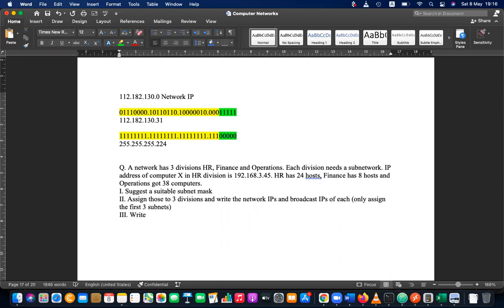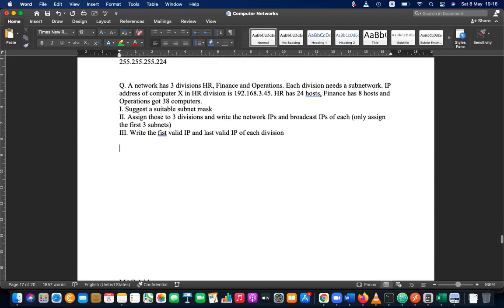Write the first valid IP and last valid IP of each division.